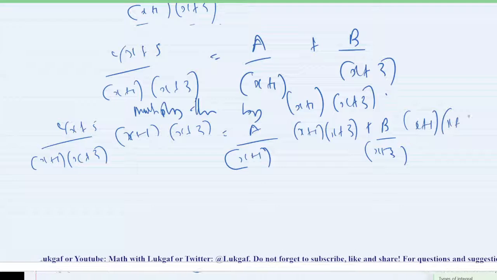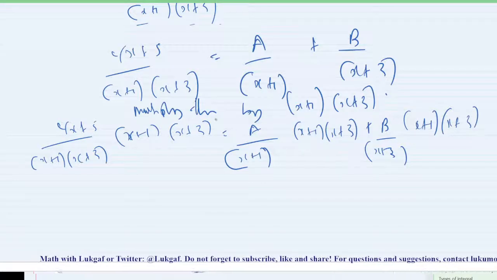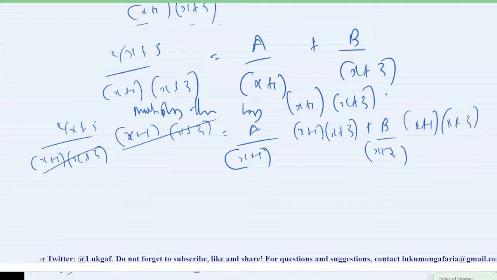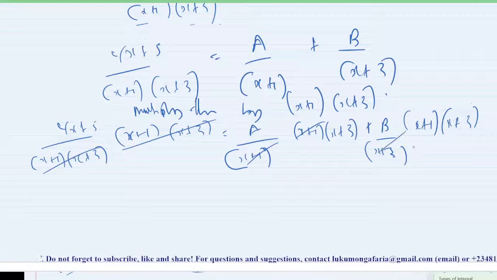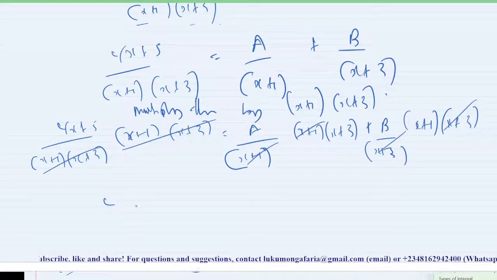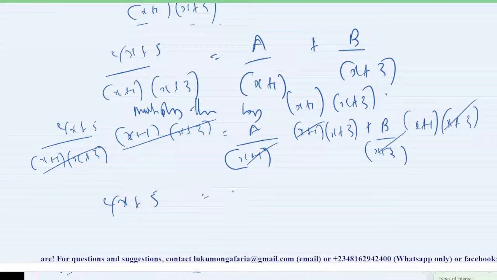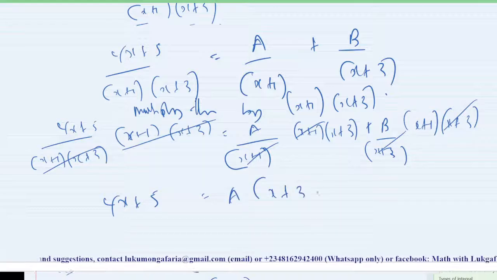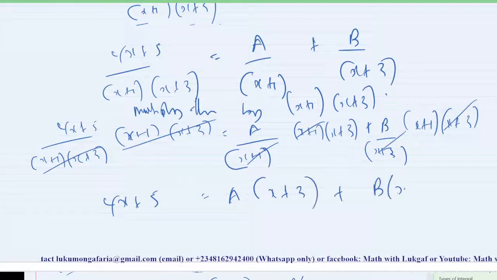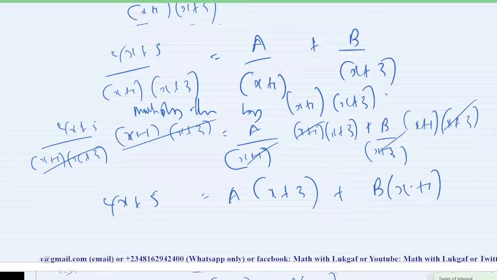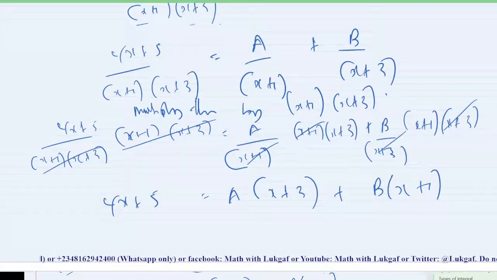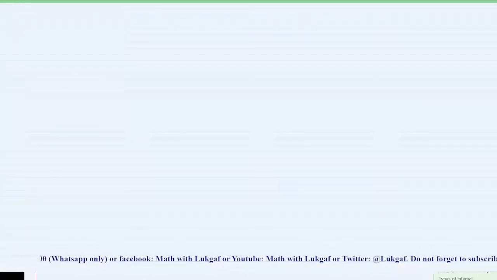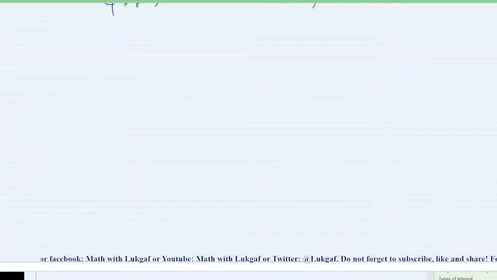You understand now? So these factors will cancel each other, (s + 1) will cancel this. So then you have 4s + 5 is equal to A(s + 3) plus B(s + 1). You have different methods to find the values of A and B.